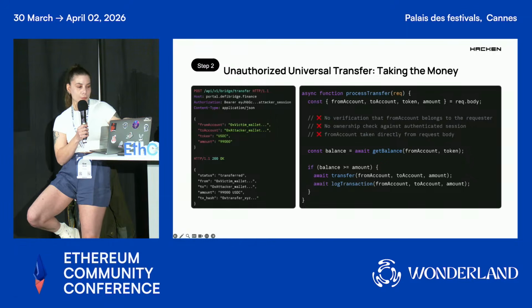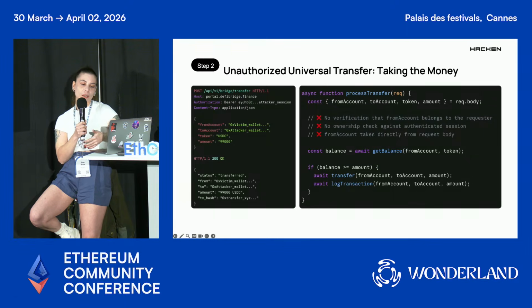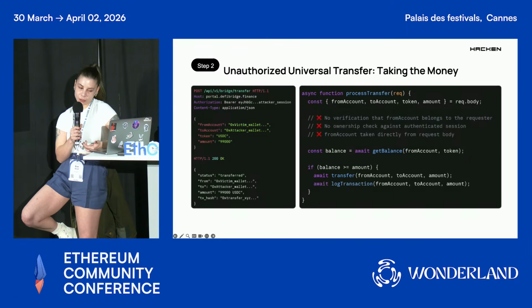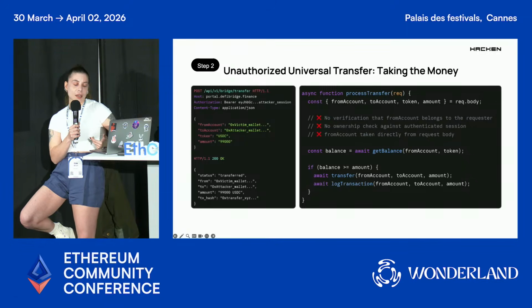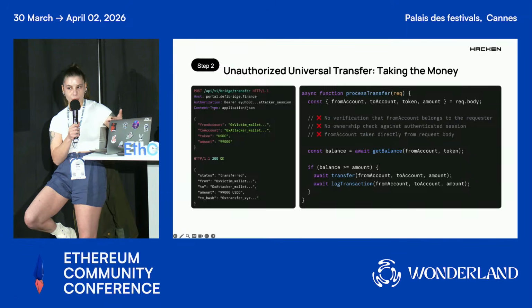The core misconfiguration here is that the system only checks whether the wallet exists, but never verifies who it actually belongs to. Because of that, you can change the wallet address here. You can take the funds of other users' wallets.